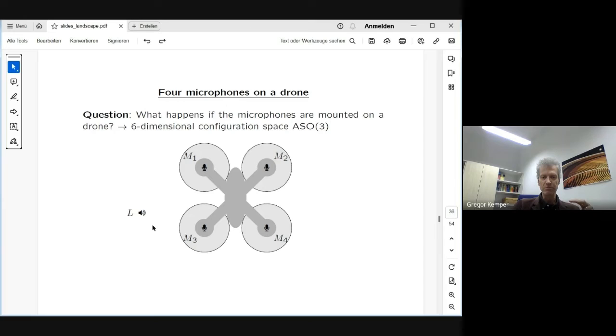When you say most positions are good, that means you can get out of a bad position by an infinitesimal movement. With a 6-dimensional configuration space, you have much less freedom to get out of a bad position. So the question is, is it still true in that case that the bad positions are rare? That's a harder question because the configuration space is lower dimensional, from 12 down to 6.